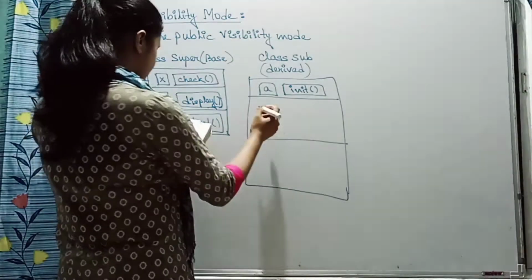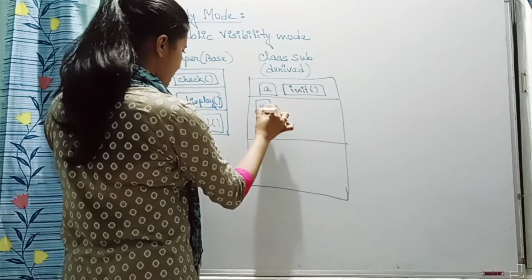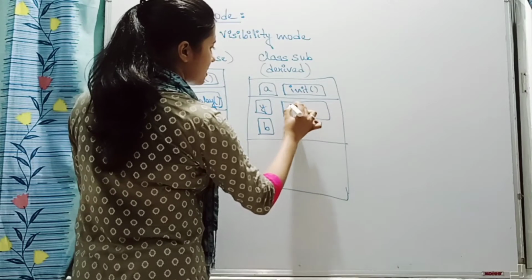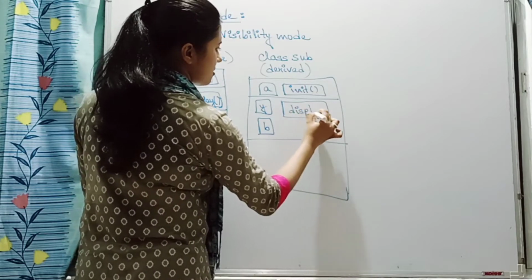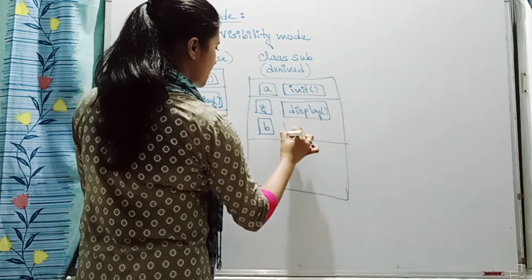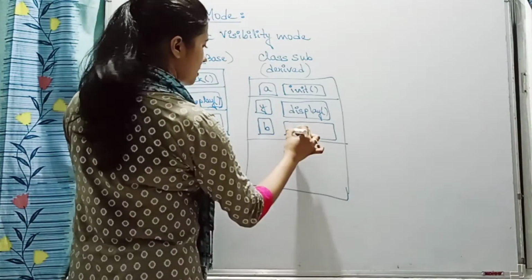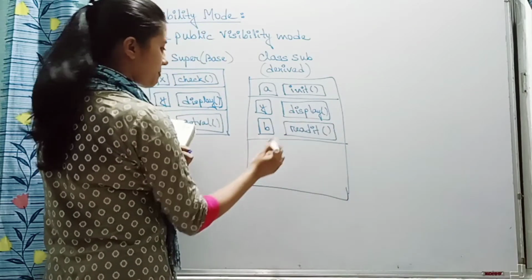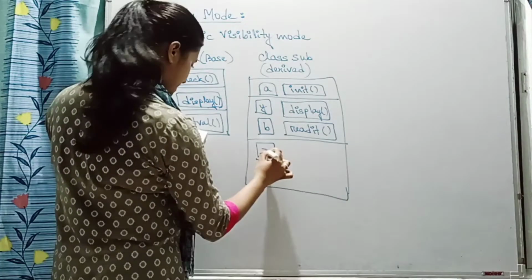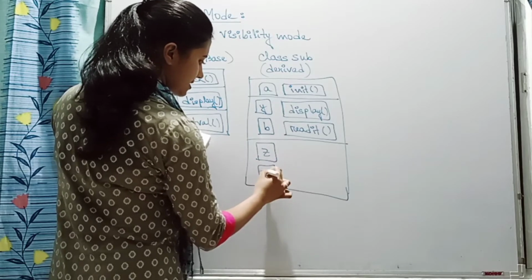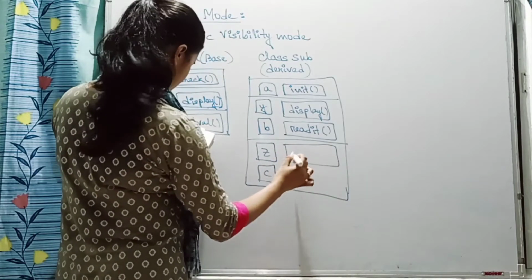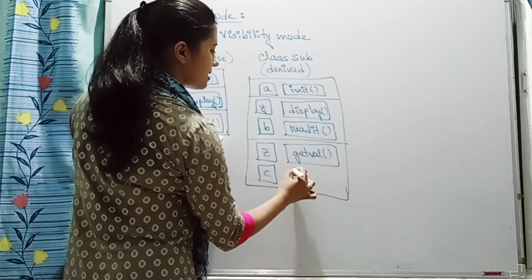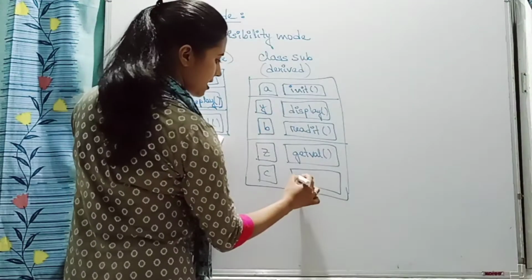Okay. Then here we have defined Y and another we have defined B. So Y is having display and this B is having readIt function. These are the data members, these are the member functions. Now this is having Z and C and the member function is getVal and another member function is writeIt.